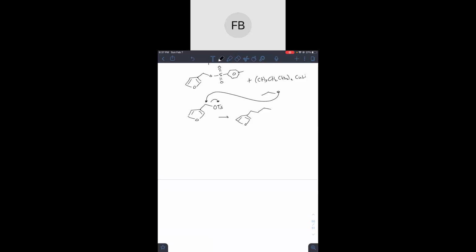So then he had just some more examples with leaving groups and cuprates. One of the coolest questions he's going to ask you guys is one where you have to figure out what was the cuprate component, what was the CULI component. So this example is kind of fun right now, but maybe not so much on an exam.